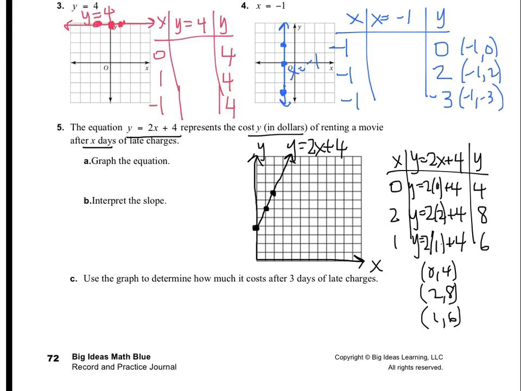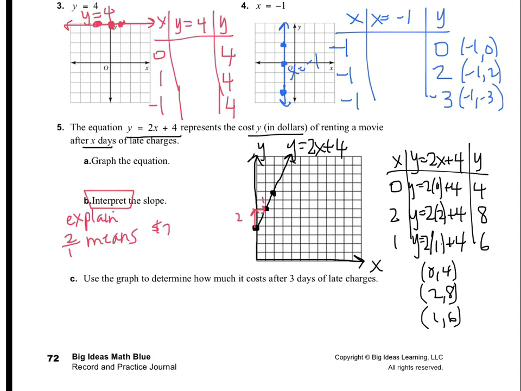And that's letter A. B says to interpret the slope. Remember, interpret means to use a complete sentence and explain. So we're going to explain using a complete sentence and the labels in the story. So what is the slope? Well, if you calculate, the slope is up 2, right 1. So 2 over 1 means if it's up 2, then that's the y value, and y is dollars.